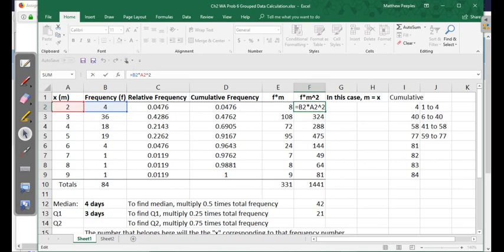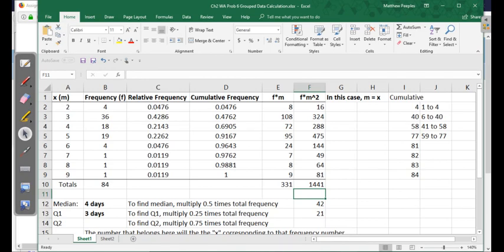Multiplying those two gives me my values. I did that all the way down the line, and as before, I added up all of those terms, so this is a sum of all of those values of frequency times midpoint squared.